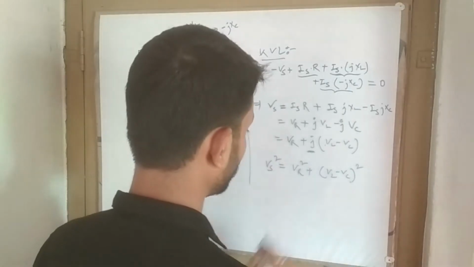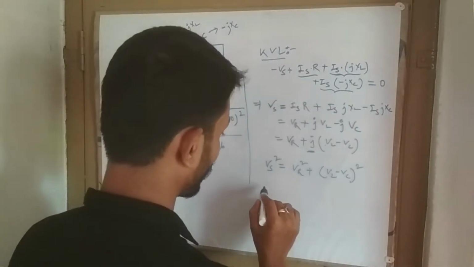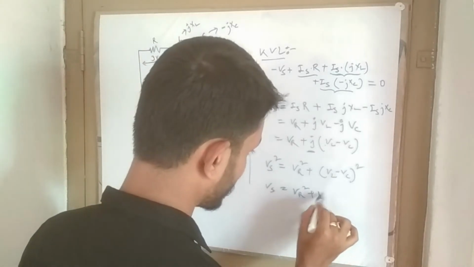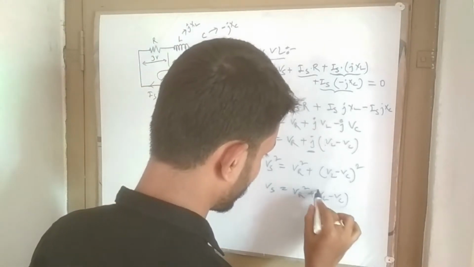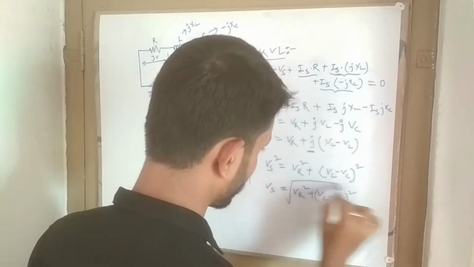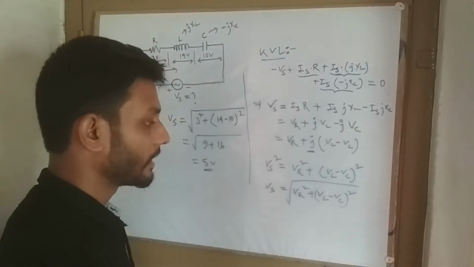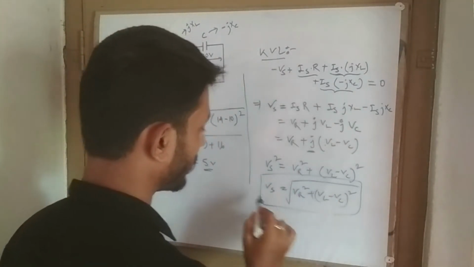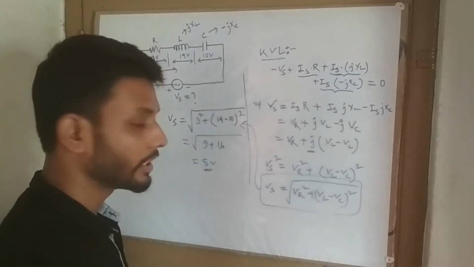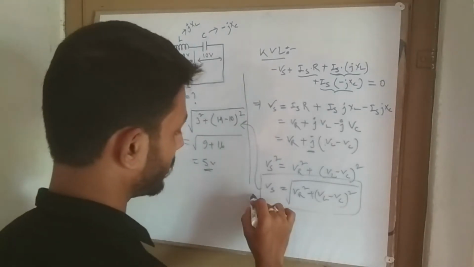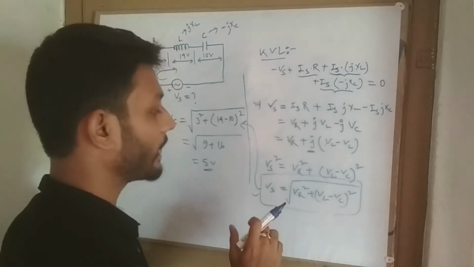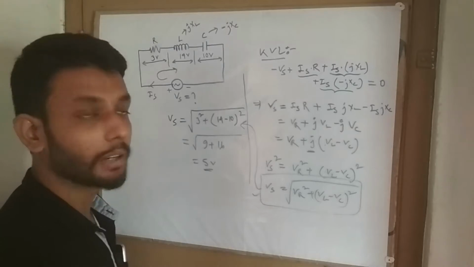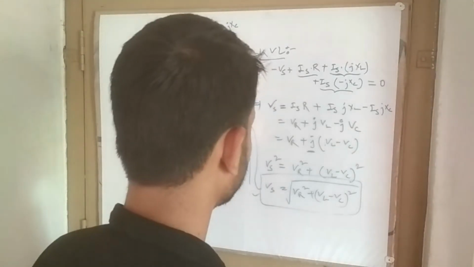Okay, it will become like this. So Vs will be equal to square root of VR square plus VL minus VC whole square. This is the formula we have used here directly. So if you remember this formula, you will be able to calculate easily from this formula. The answer will come very easily.